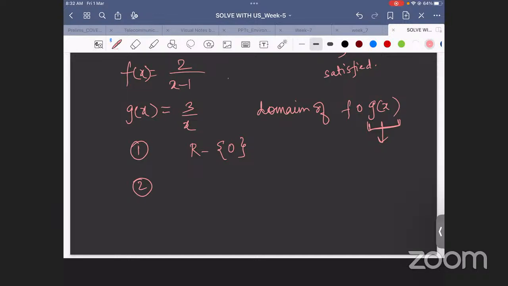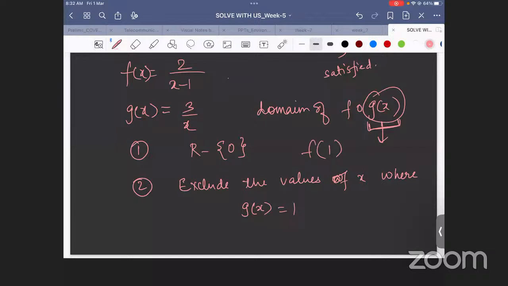So you have to exclude all those values of x where g(x) is equal to 1, because f of 1 is not possible. Is f of 1 possible? No, right?